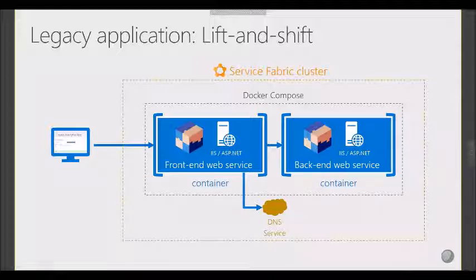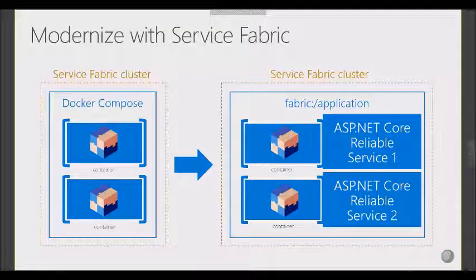But you can also choose to say, okay, I will just use the existing Docker containers and then add more microservices written in .NET and put this all together in a so-called Fabric application, which is basically the same as the Docker Compose, but it has a slightly different configuration file.